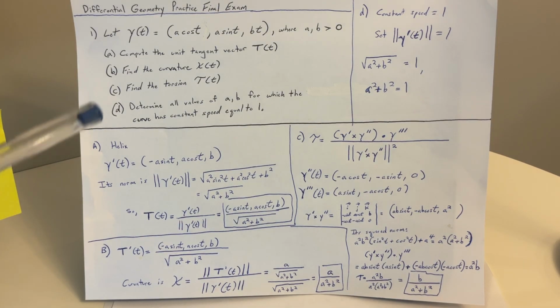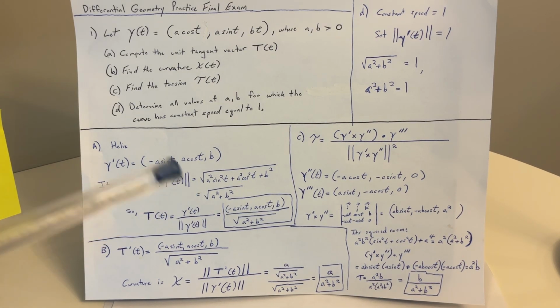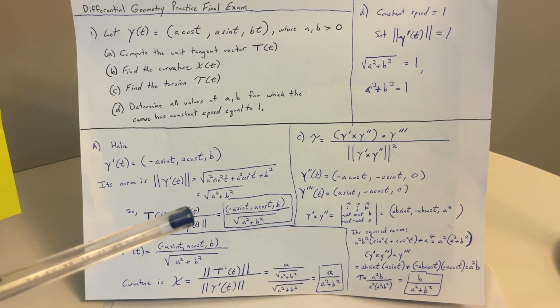So this is going to be a helix. We take the first derivative, we get negative a sine t, a cosine t, b. We calculate its norm. When we do that, we get the square root of a squared plus b squared.